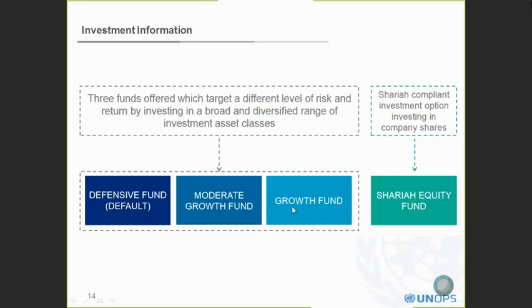Okay, and the highest risk in this group of funds would be the Sharia Equity Fund. Equity fund is the stock market, basically. Sharia is a name that they use for those companies that are compliant with Sharia law, which is an Islamic law. So there are certain criteria, like they're not supposed to bear interest.